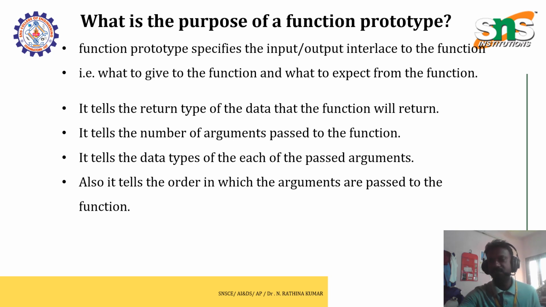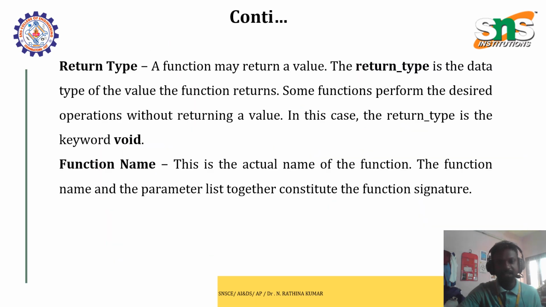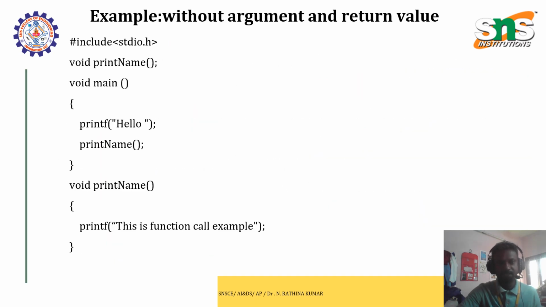Next we are going to see what is meant by function call. Before we enter into the types of function call, we discuss some points in the C programming language.